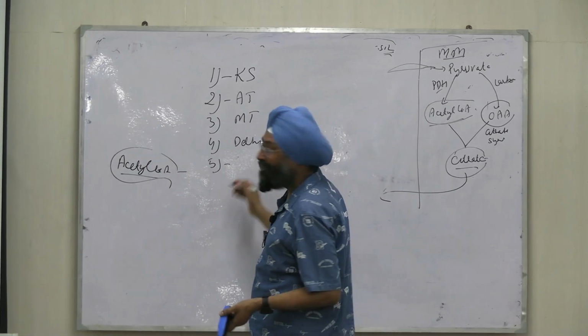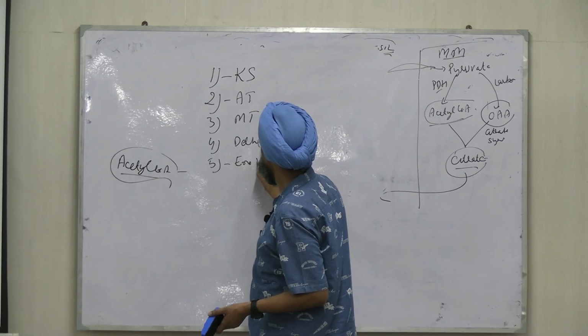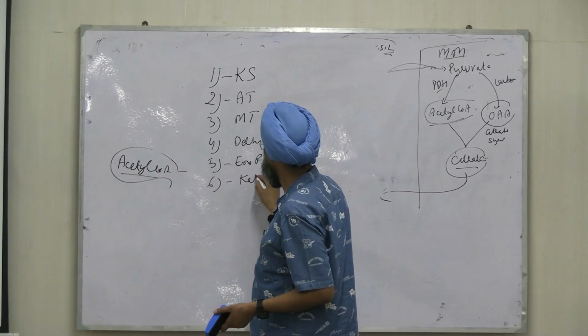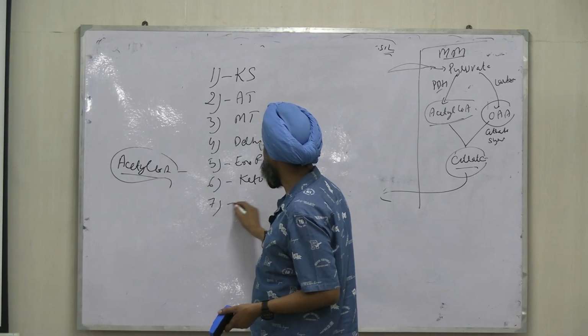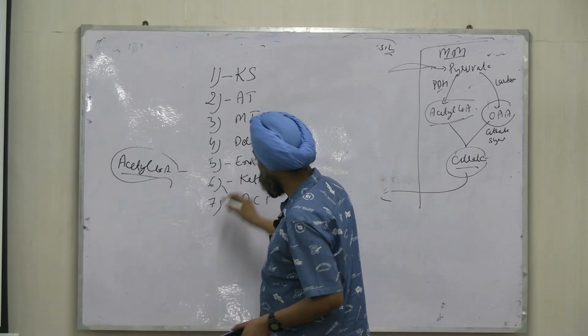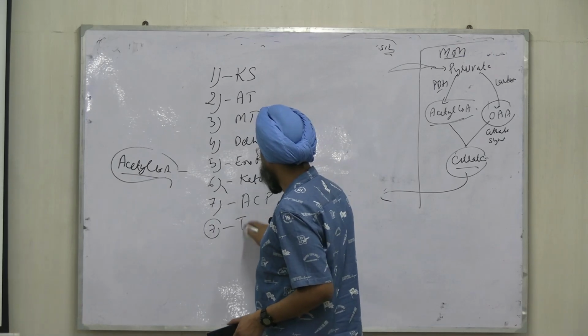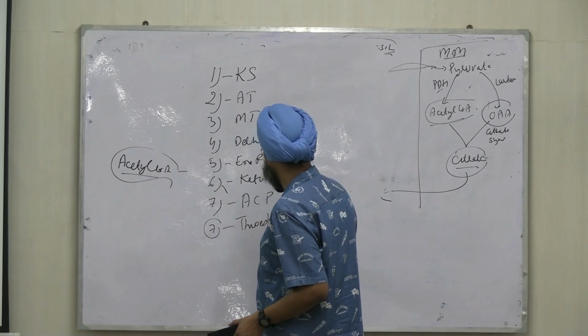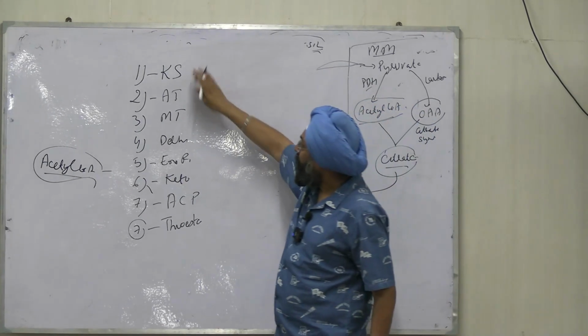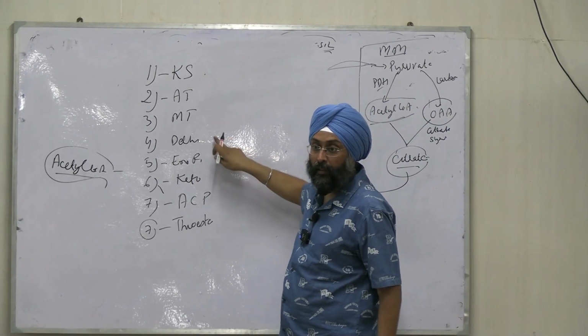For relief we got Eno, right? Eno relief. Sixth was Keto. Then Keto was caught by ACP of police, and this is attached to this, and the seventh enzyme is thioesterase, right? KS Kabir Singh at Mother Teresa Hospital, New Delhi.